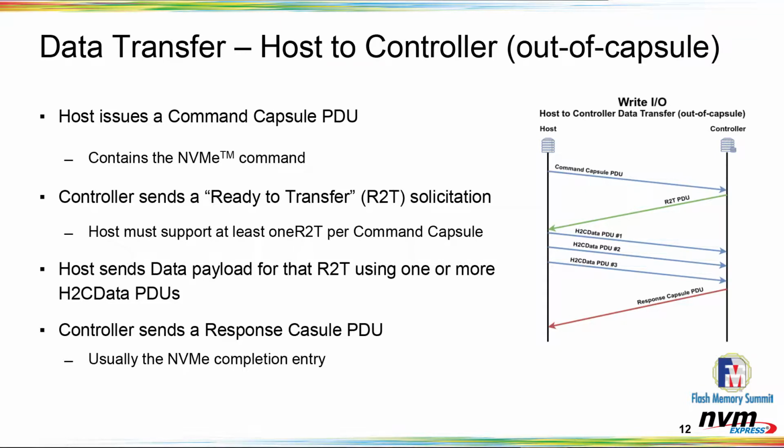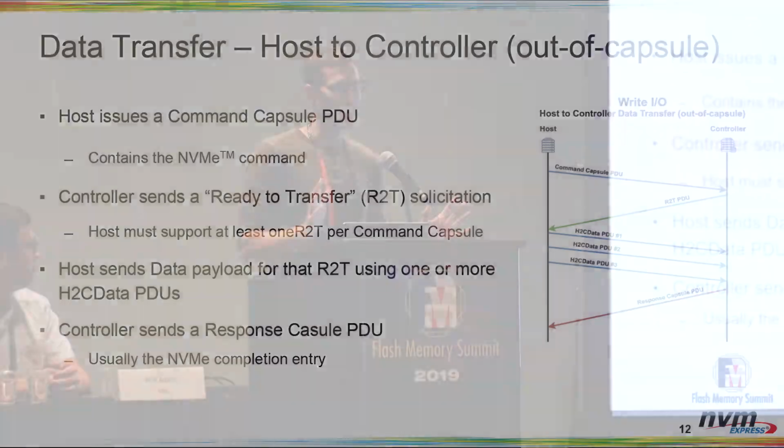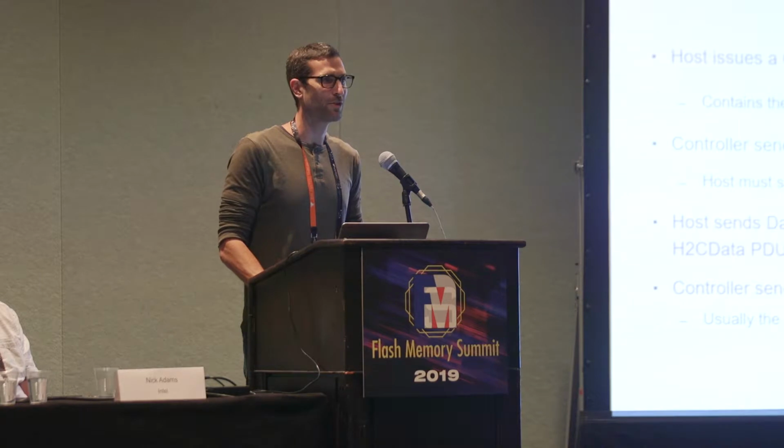In return, the host sends a series of host to controller data PDUs. And that can reiterate for the entire length of the NVMe command. At the end of it, the controller sends back a response capsule PDU. So if you've seen other SCSI protocols before, or other protocols in general, it shouldn't come as a surprise. It's pretty much following one-to-one to the others.